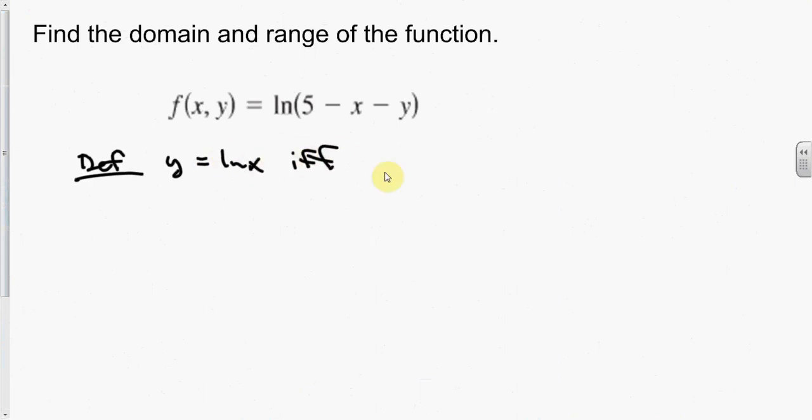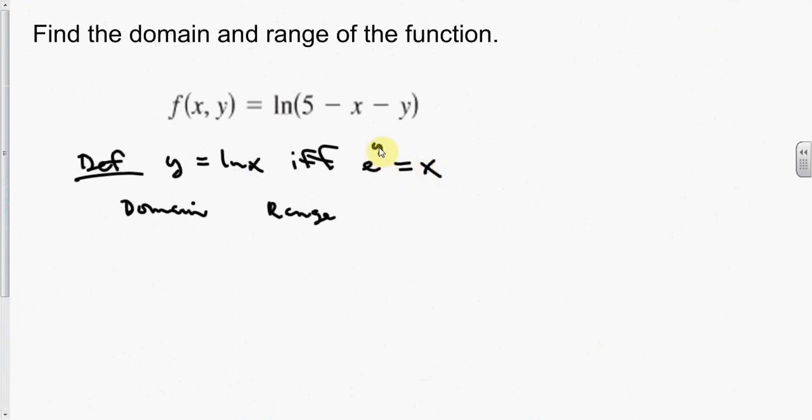We say that this is if and only if e to the y is equal to x. Now, when I investigate just this function y equal to the natural log of x, to determine the domain, that is the x values, and then the range, the so-called y values.